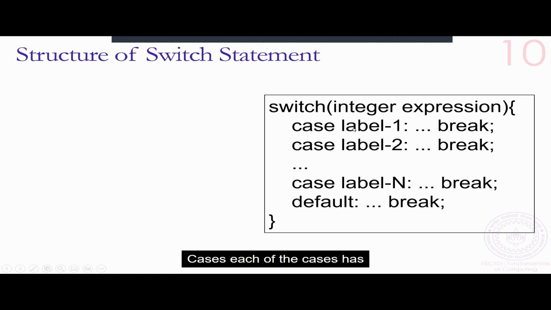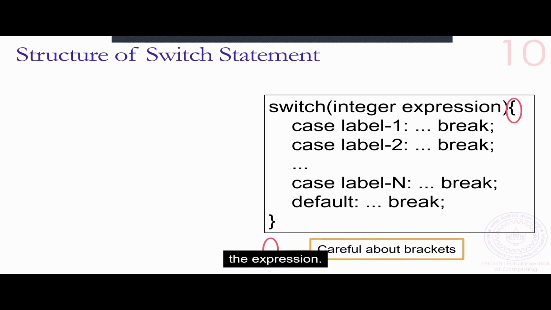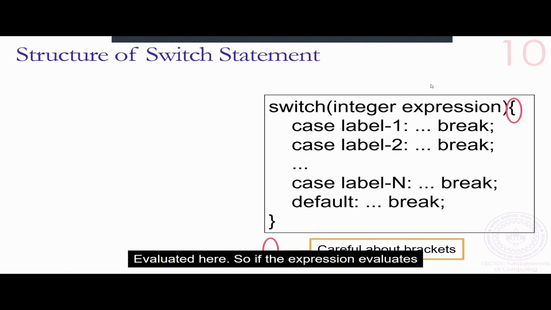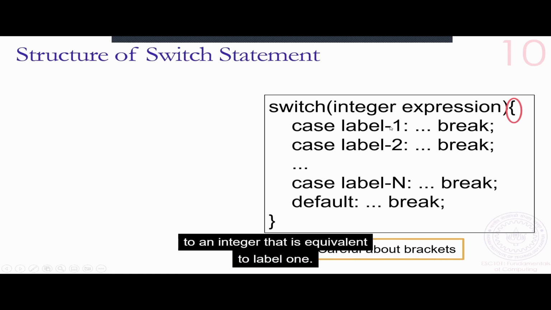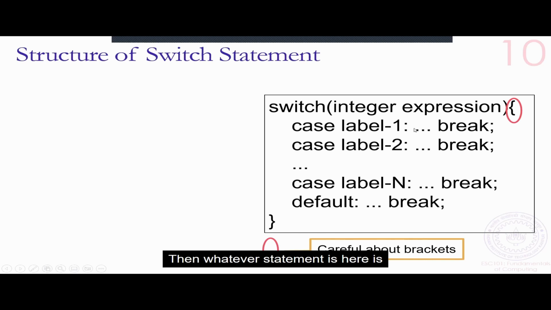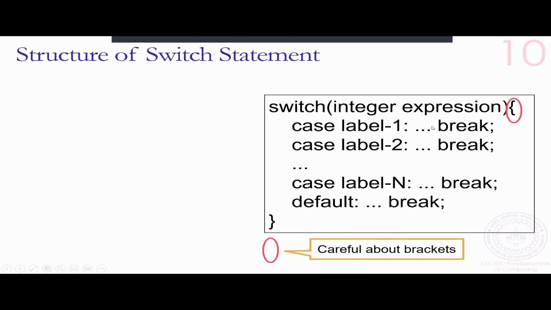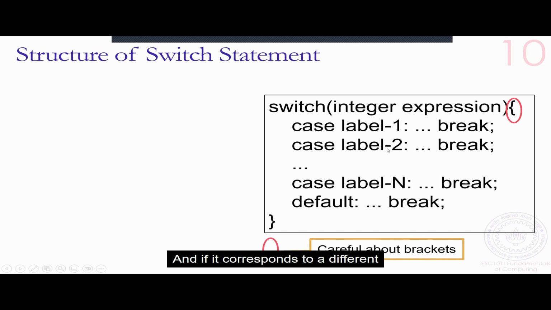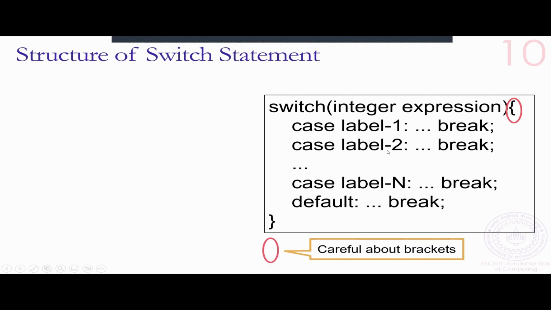And with this expression, based on the result of its evaluation, you are going to go and execute code within one of these n cases. Each of the cases has a label. The label corresponds to the expression evaluated here. So if the expression evaluates to an integer that is equivalent to label 1, then whatever statement is here is executed. And if it corresponds to a different number, then the case corresponding to that label is executed.